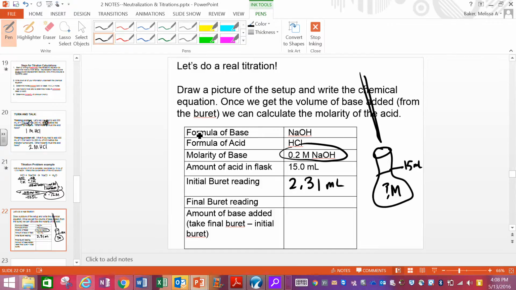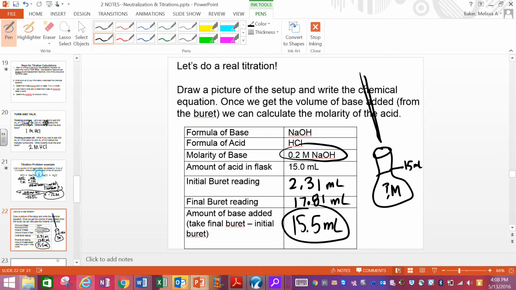So let's say the final reading is 17.81 milliliters. Trying to make my math somewhat easy here. So we're going to do a subtraction. 17.81 minus 2.31 comes out to be 15.5 milliliters. That is the magic number of how much base we needed to add to neutralize that acid.